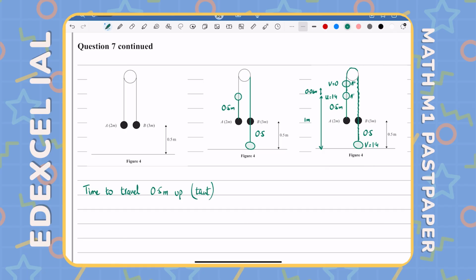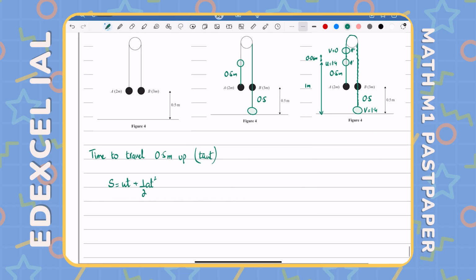So what can we use over here? We have the distance, that's 0.5, we have the initial velocity, which is 0. We also have the acceleration. The acceleration will be the same as B because the whole thing is connected. So this is the appropriate equation: s equals ut plus half at squared. If you cannot jump to this conclusion directly, that's fine, just do a bit of trial and error. So s is 0.5, initial velocity is 0, 1 upon 2, a is g upon 5, t squared.